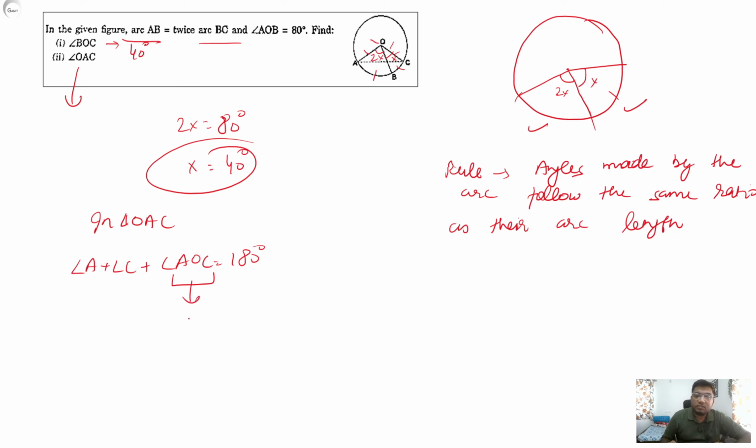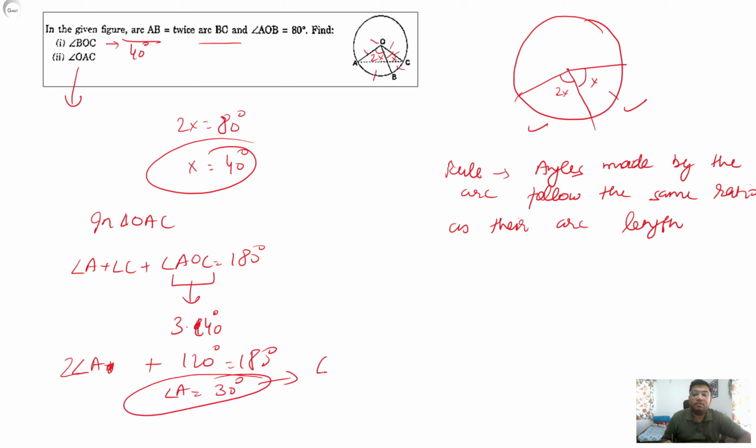So this basically becomes 3 times 40 degrees, which is 120 degrees, and angle A plus angle C, which by the way are both equal. Okay, so we can say twice angle A plus 120 degrees equals 180 degrees, and that's how we get angle A equals 30 degrees. Angle A is nothing but angle OAC, guys.